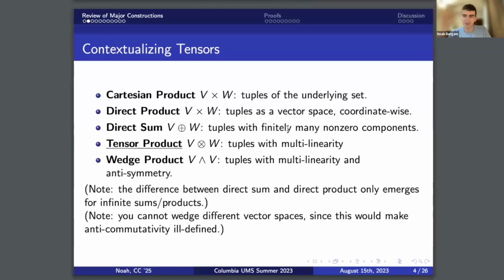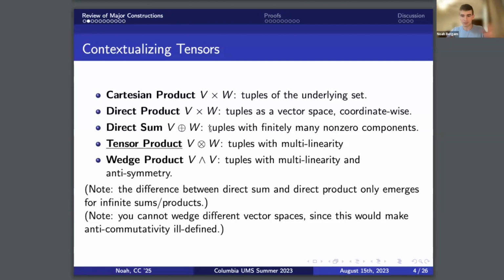And then, this is something that confused me in the earlier presentations, but direct product and direct sum are basically the same thing for finite compositions. It's only when it becomes infinite that the difference arises, and the difference is that the direct sum only contains tuples with finitely many non-zero components. That's not super important for this, but I think it's good to see it.